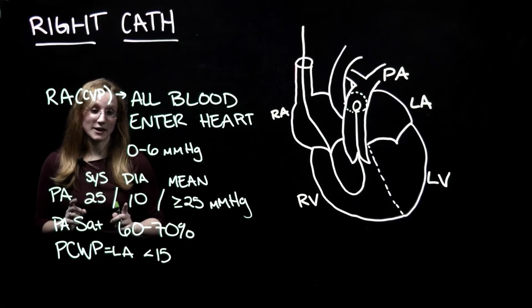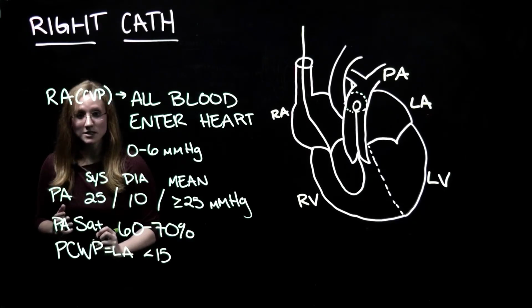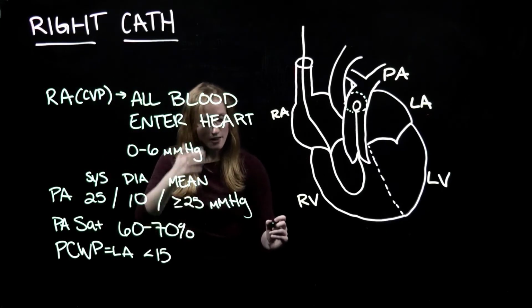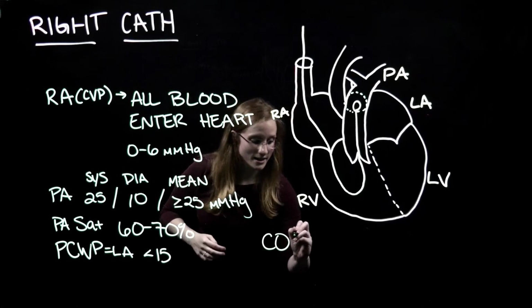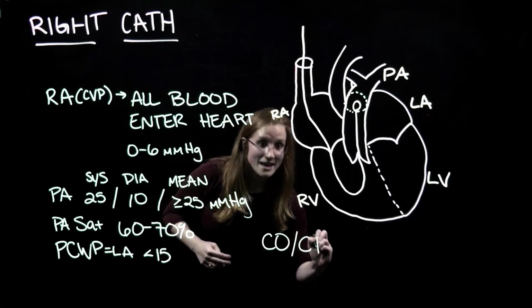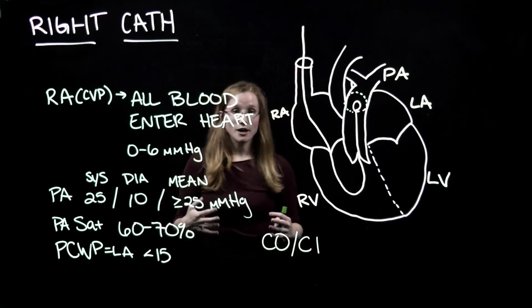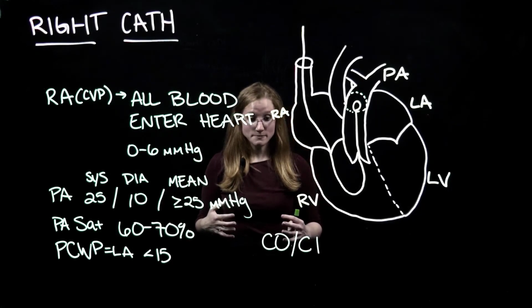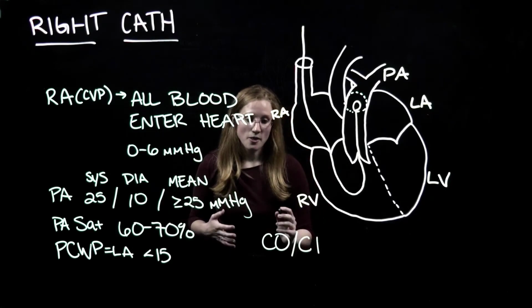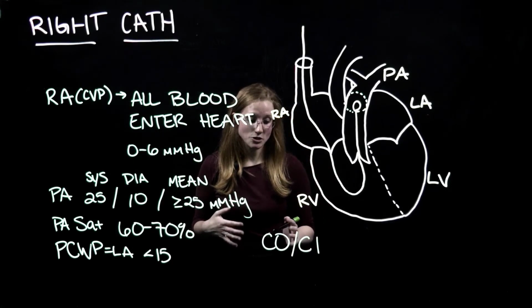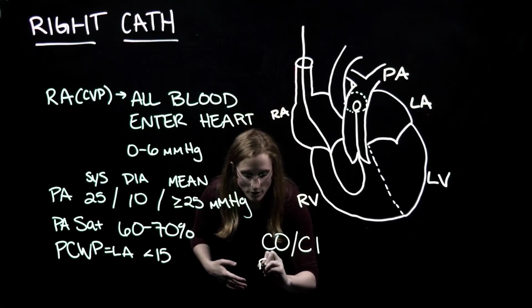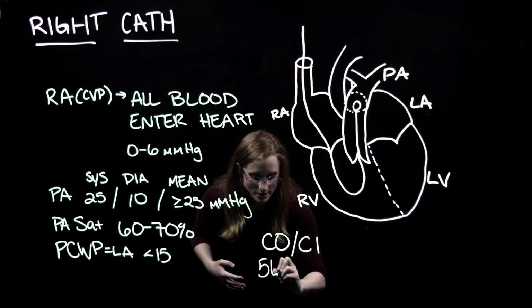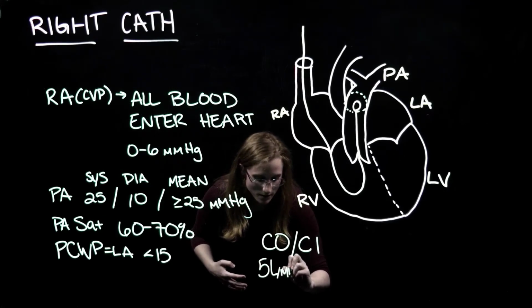And then the final measurement we get, over here, is a cardiac output and a cardiac index. These are markers of how well the heart is pumping. The average in a normal person for cardiac output is usually at least 5 liters per minute.